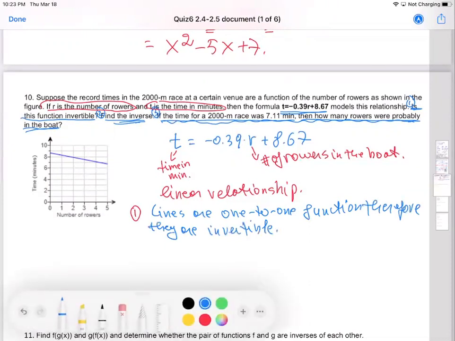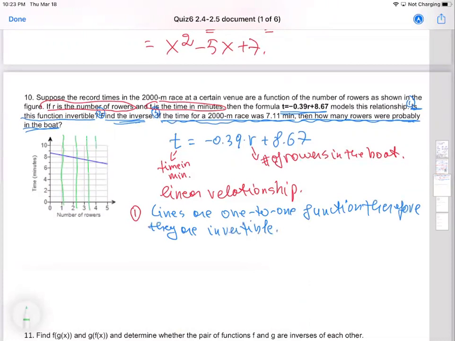One way to check whether a function is invertible, or one-to-one, is by having the graph and looking at the vertical line test. The vertical line test tells us that we have a function. So if we look in here, the vertical test passes. Every vertical line intersects the graph only one time.